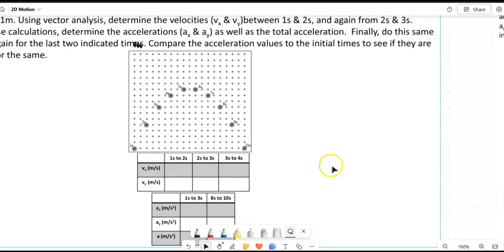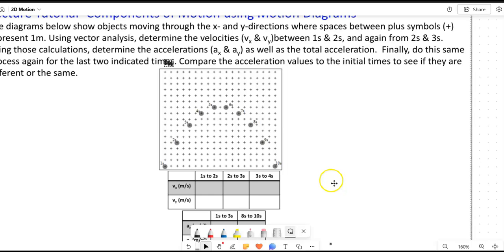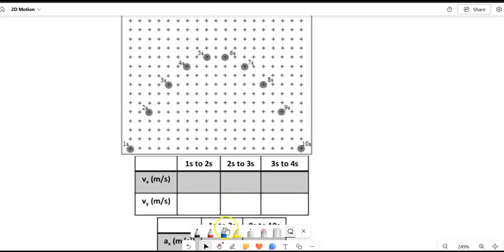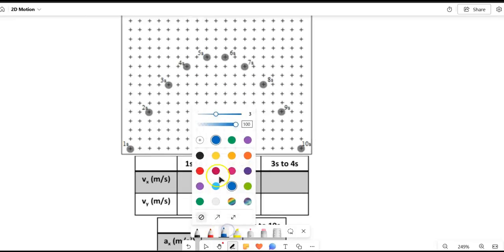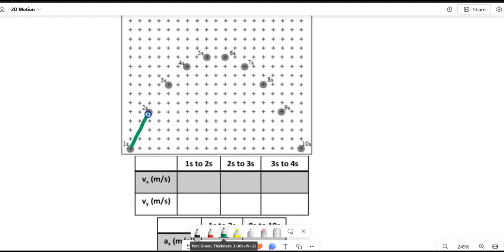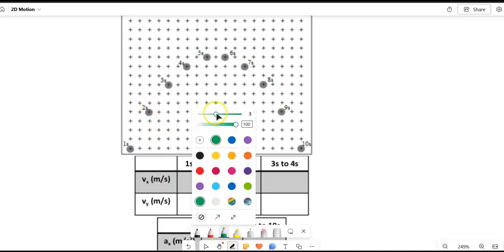So what I'm going to do, given that in between each plus mark is a 1 meter distance, let's go ahead and start off and mark up the velocity vectors as if they were directly moving from 1 second to 2 seconds. So this is the 1 second to 2 second, and I'm going to change the thickness of this ink.